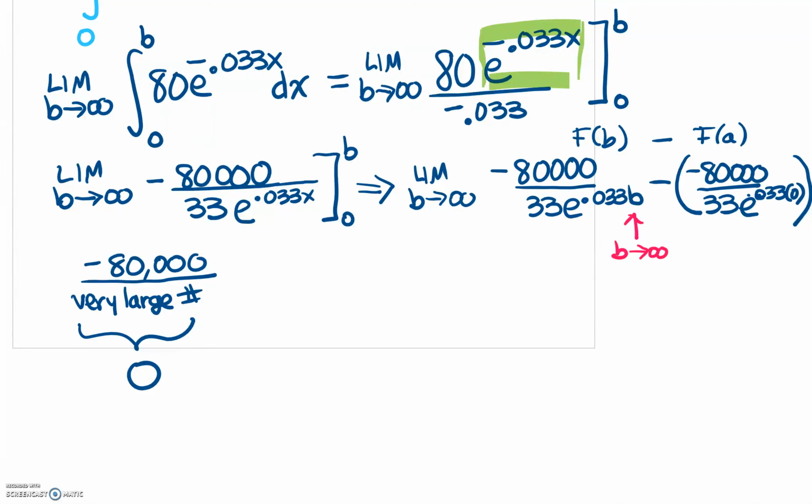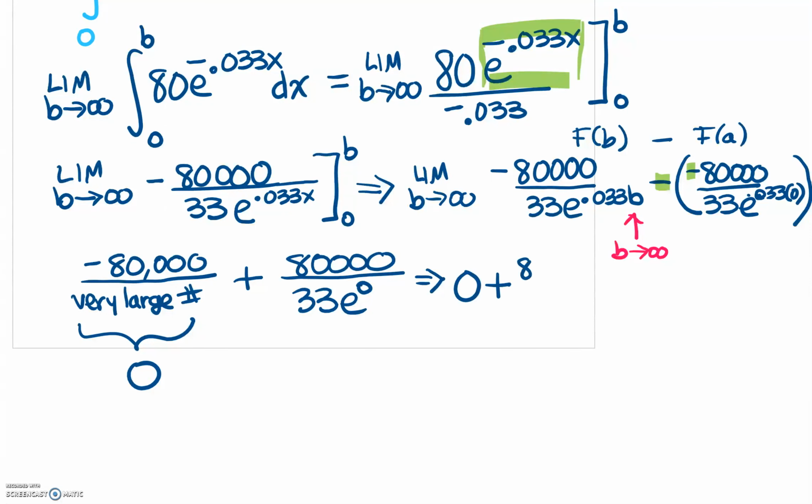Now then we still have our double negative here, minus a minus, so I'm going to make that a plus. And then we have 80,000 over 33 e to the 0.033 times 0, and that exponent is going to be 0. Now e to the 0 is just 1. So now here's what I'm ending up with: 0 plus 80,000 divided by 33 times 1.